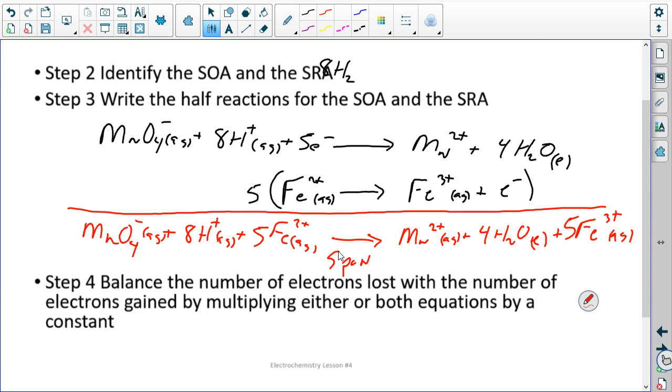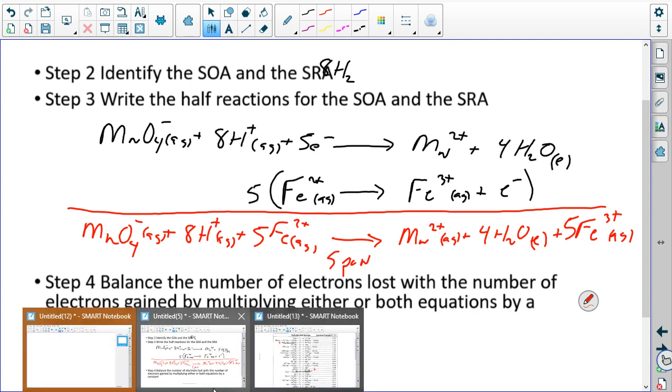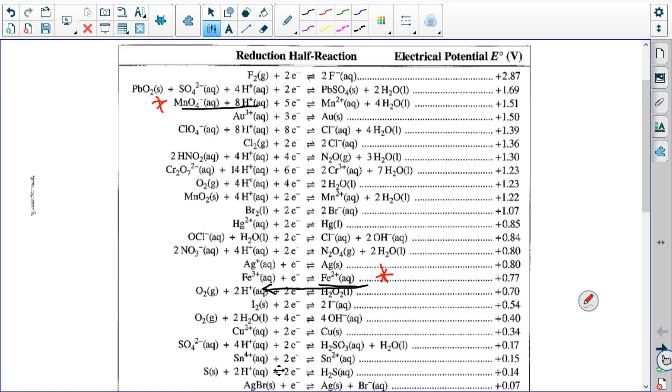Okay, this reaction here, what's happening? It's the reducing agent, so it's going to lose electrons. So the reducing agents, the reaction is going to be taking place, as it's written on here, from right to left.